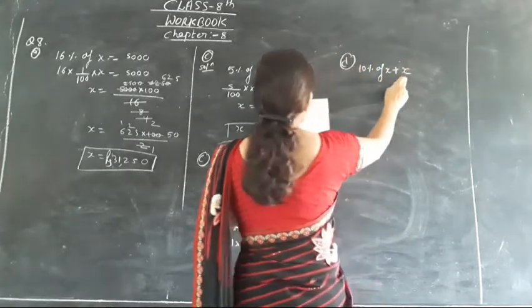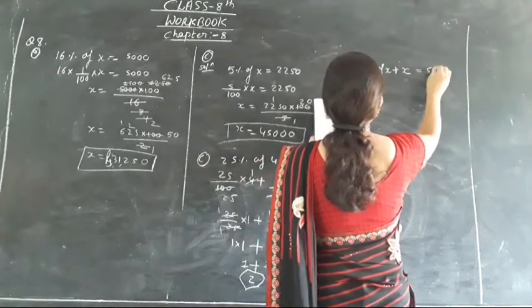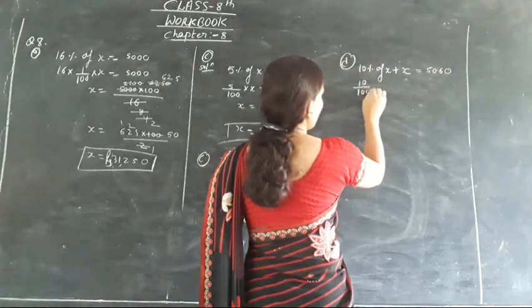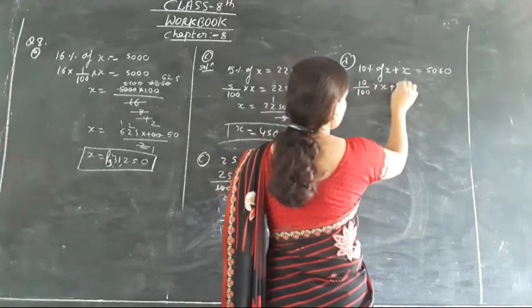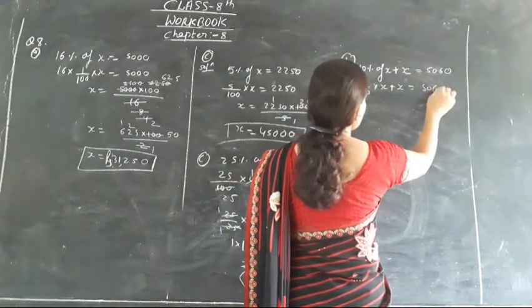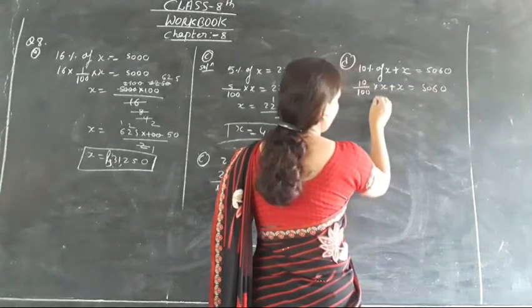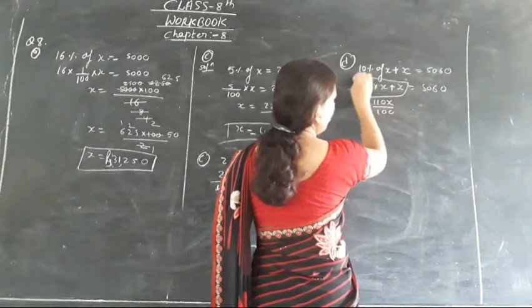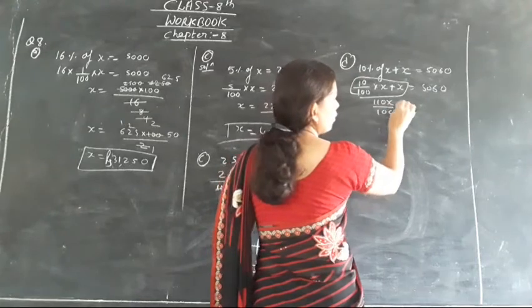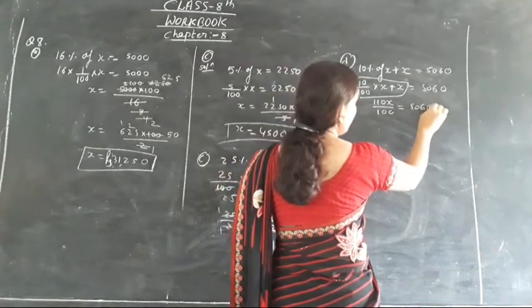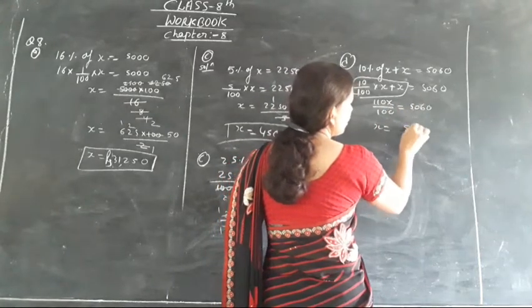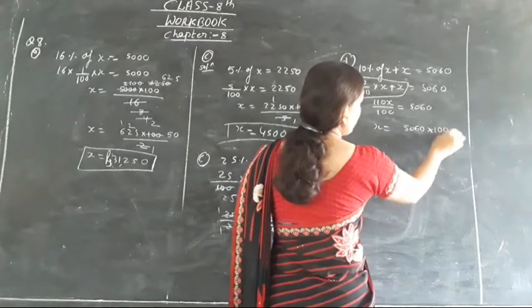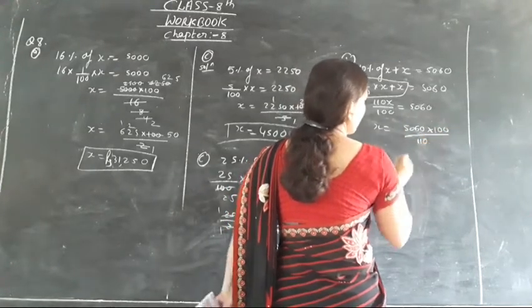Let the original salary be x, and the new salary is 5060. So 10 upon 100 into x plus x is equal to 5060. So here while solving this equation we will get 110x upon 100 is equal to 5060. As we want the original salary, while solving this equation we will get the required answer.